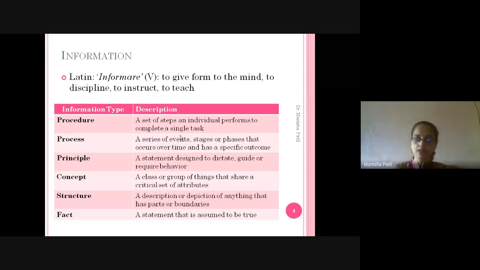Next, concept. A class or group of things that share a critical set of attributes. Again, go back to your unit number 1. It was concept of communication. So what exactly we mean by communication?